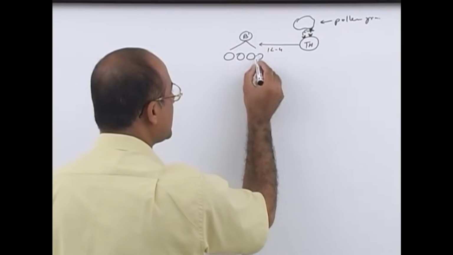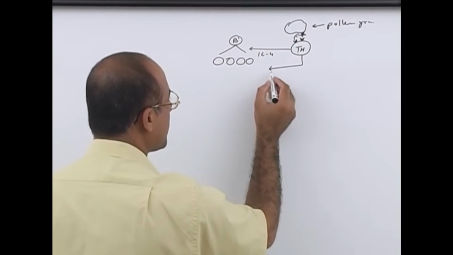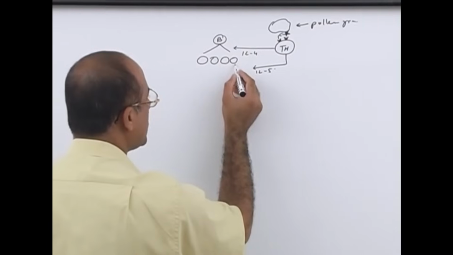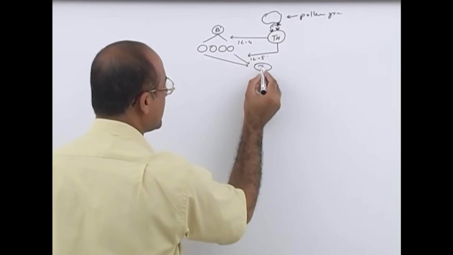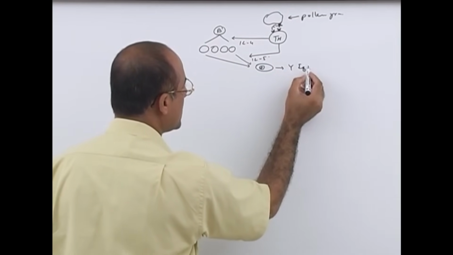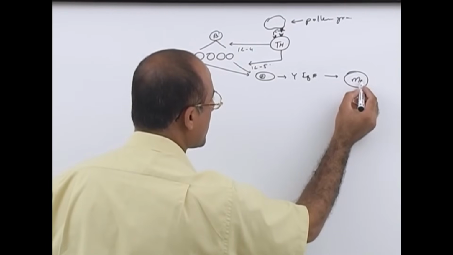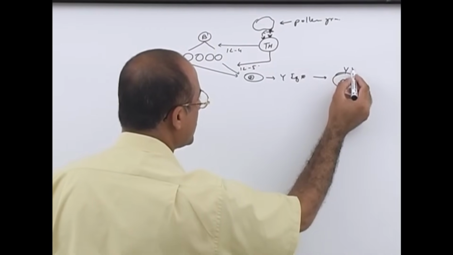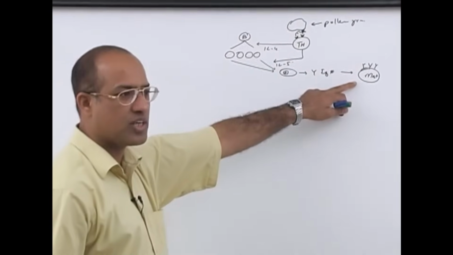Is that right? Many B cells, and then they release interleukin 5, and these B cells converted into plasma cells, and these plasma cells produced IgE, and this IgE was binding with the mast cells. This is what we have already discussed. So this is the part of the story we are at.